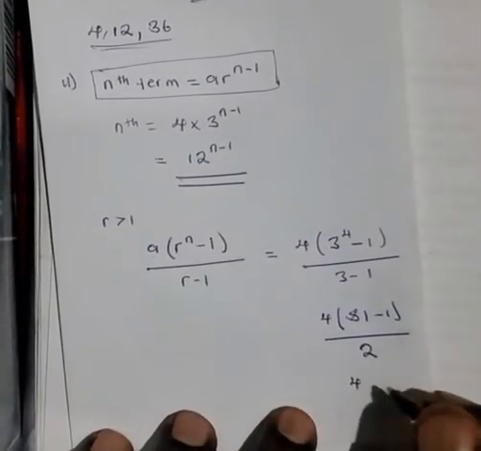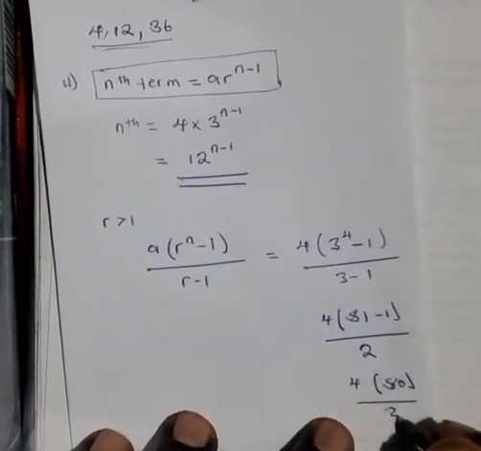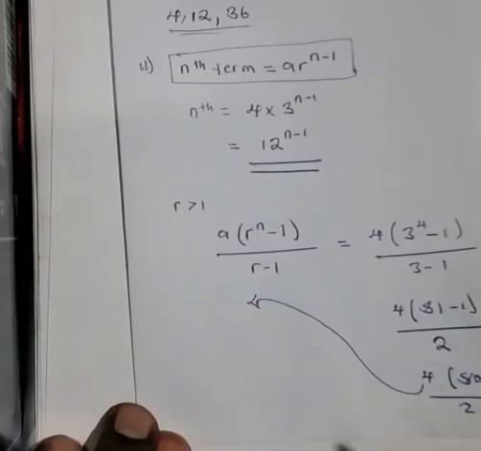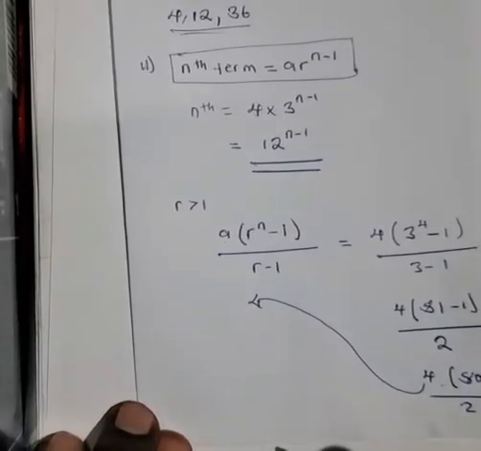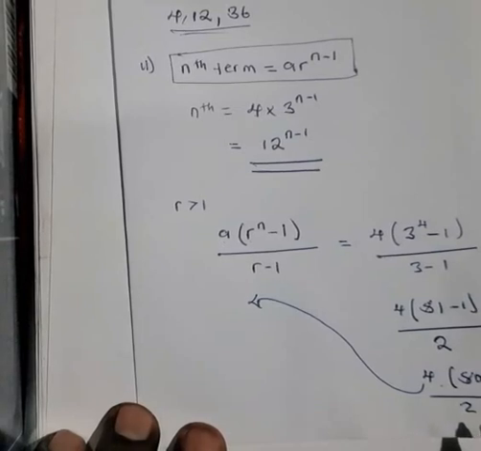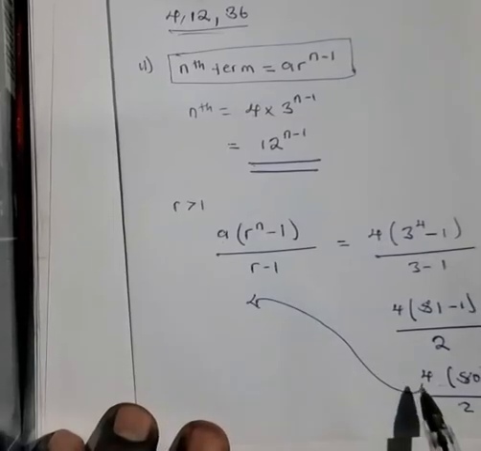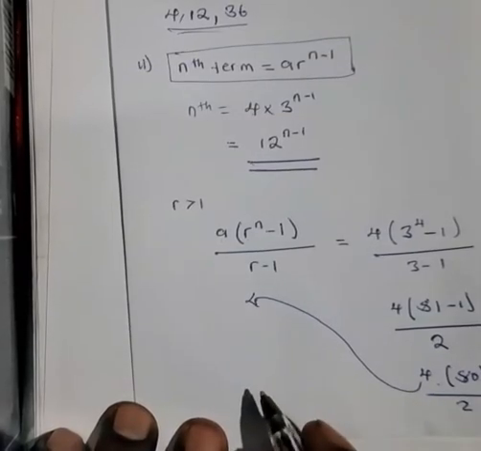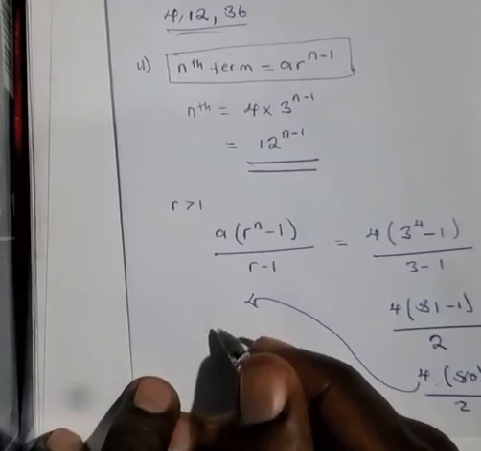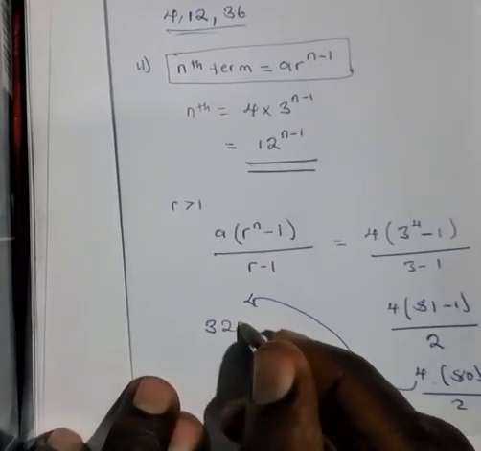So this will be 80 over 2. Then we're going to have 4 times 80, which should be 320, because 4 times 80 is 320. So that's 320 over 2.